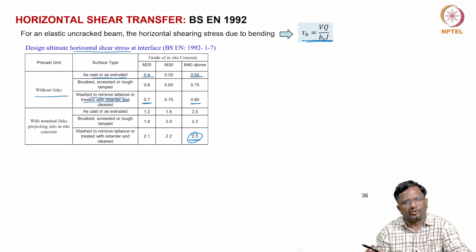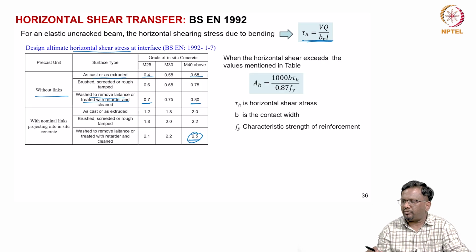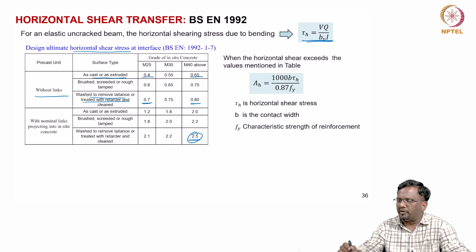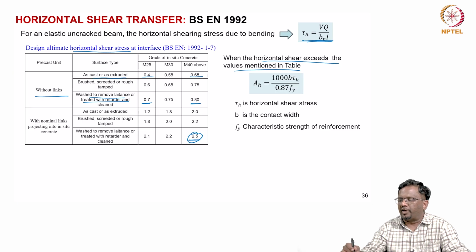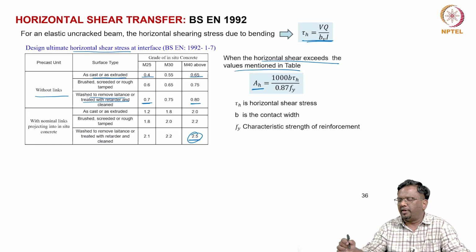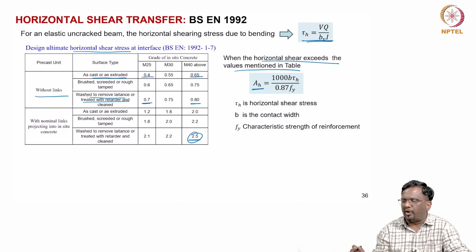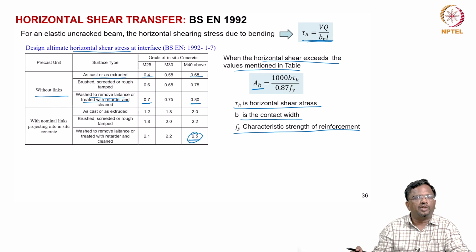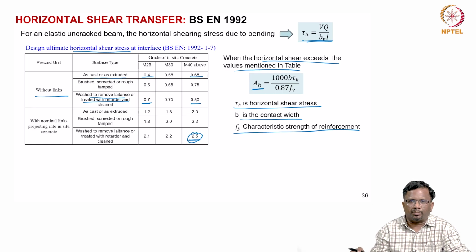When the horizontal shear stress exceeds the values given in the code, we provide stirrup reinforcement. The area of the stirrup is given by 1000 × B × tau h / (0.87 fy), where tau h is the horizontal shear stress, B is the contact width, and fy is the characteristic strength of the stirrup reinforcement that we are going to provide.